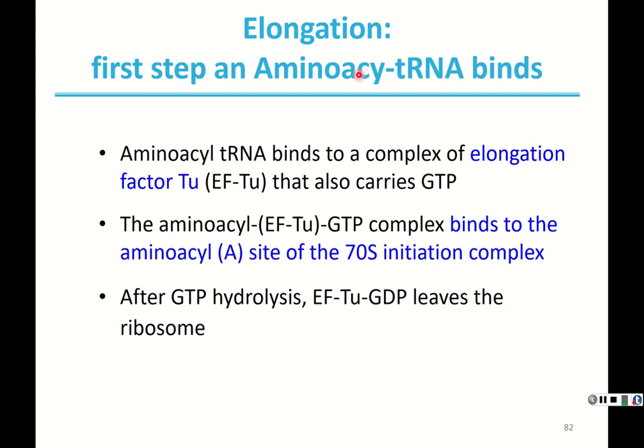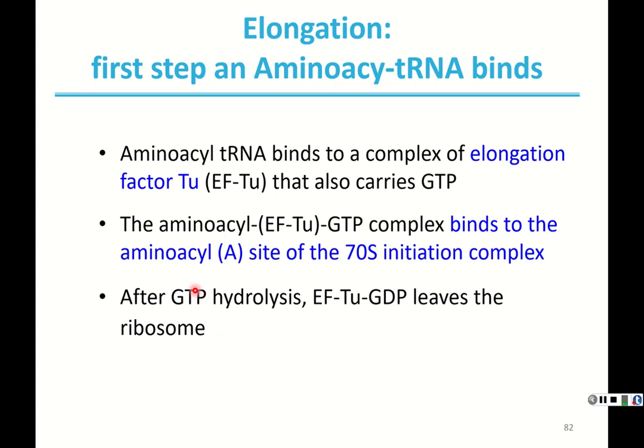Okay, so the first step in elongation, aminoacyl tRNA is going to bind to the complex of elongation factor Tu, so EF standing for elongation factor, and T and U, not the number. This also carries a GTP. Then the aminoacyl EF-Tu GTP complex binds to the aminoacyl A site in that initiation complex, so in the ribosome.